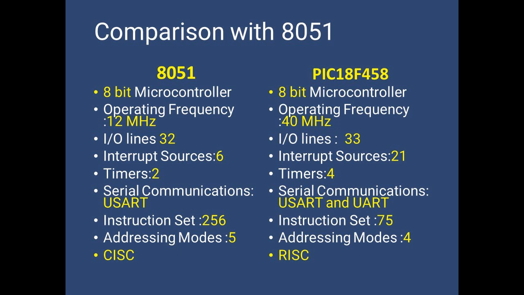The number of interrupt sources available in 8051 is 6, whereas in the PIC 18 series it is 21. So the number is really large. The timers available in 8051 are 2, whereas in PIC there are 4.